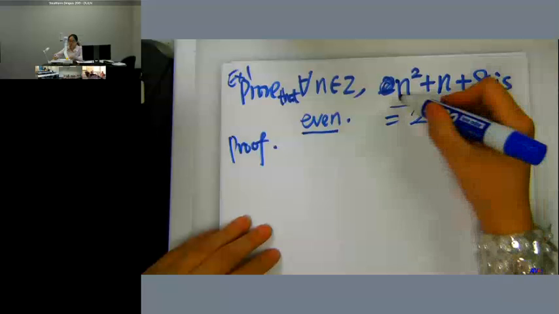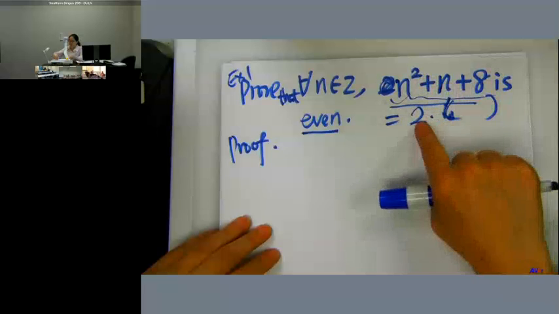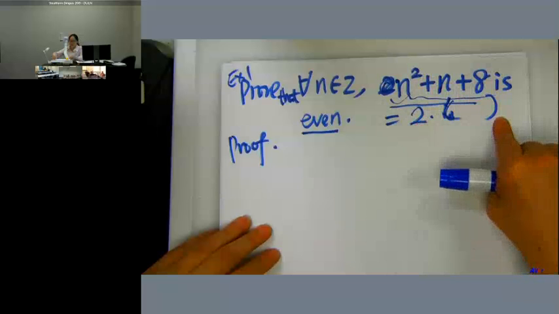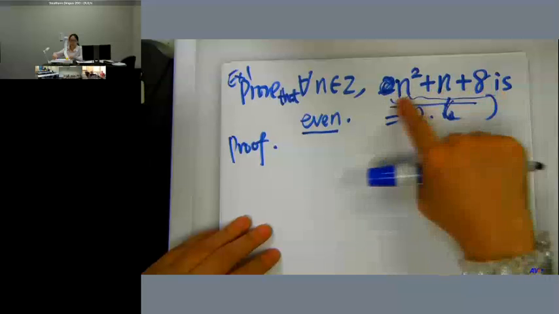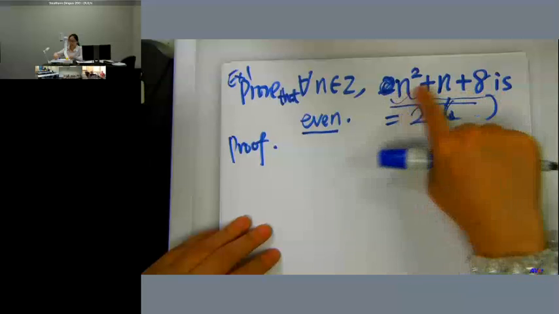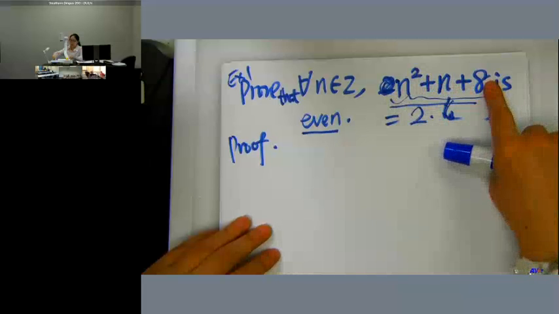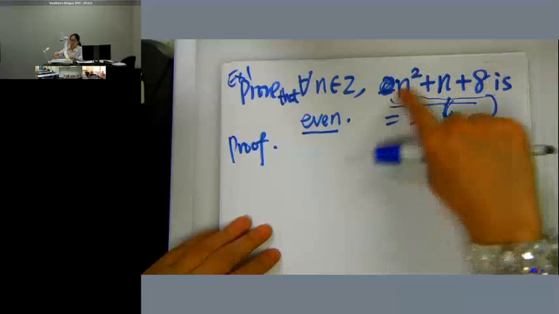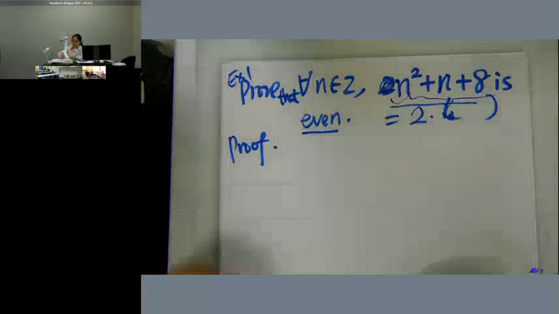But is it possible to write n squared plus n plus 8 as 2 times something? In other words, is it possible to factor out a 2 from this expression? No, right? There's not a 2 from n squared or from n. Although there's a 2 as a factor of 8, you cannot factor out a 2. So we're going to do it by cases.